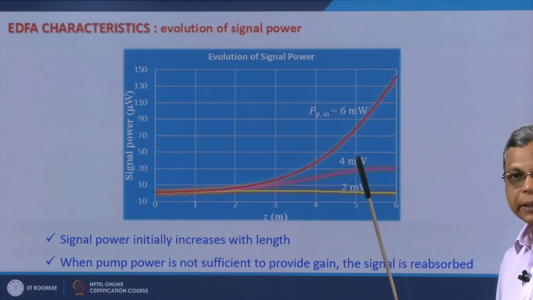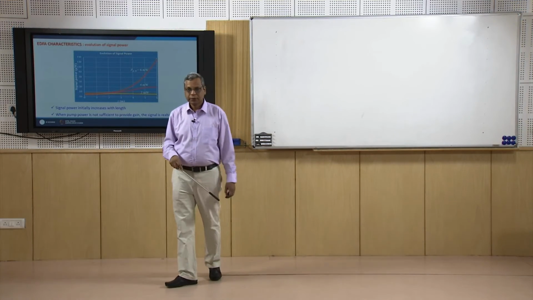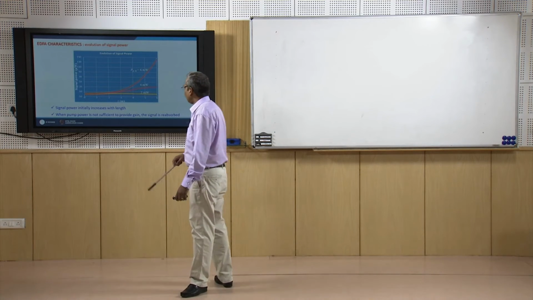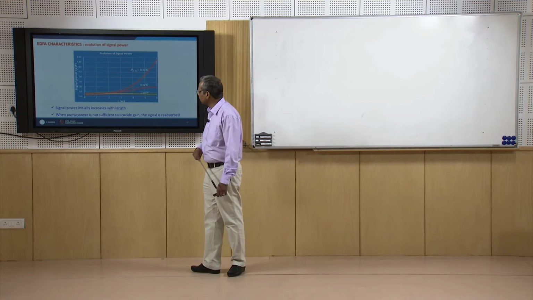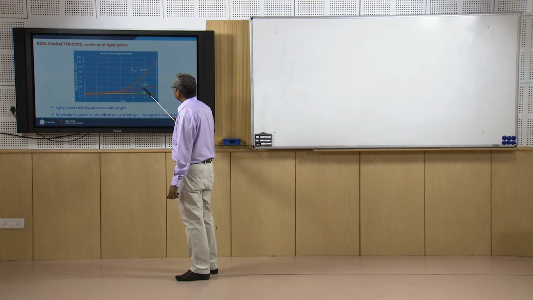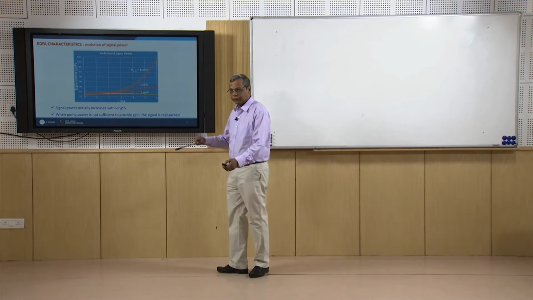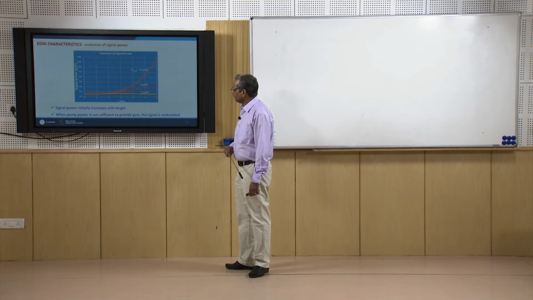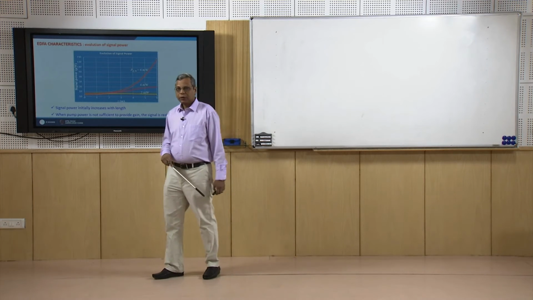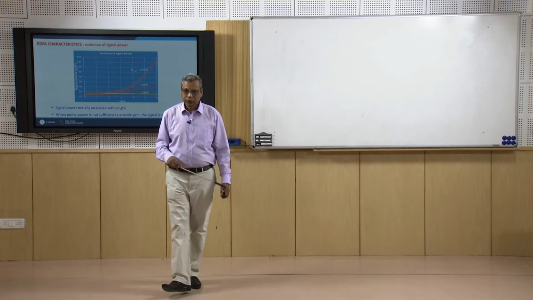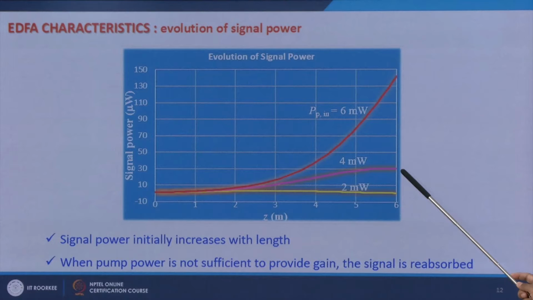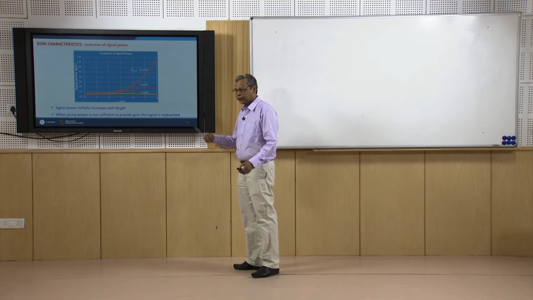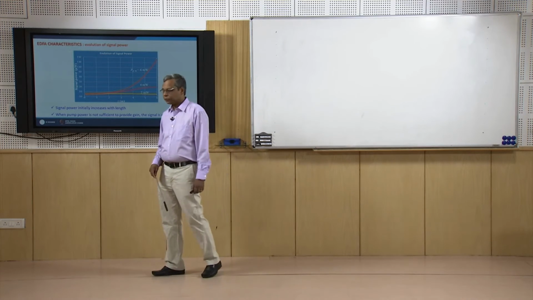When the pump available is not enough to compensate for losses or to provide sufficient population inversion, then this gets saturated. So, even if you do not consider any losses, but if the pump power is not sufficient to provide you enough population inversion, then gain gets saturated here, and then after that it may even fall, okay, because then the signal gets reabsorbed.